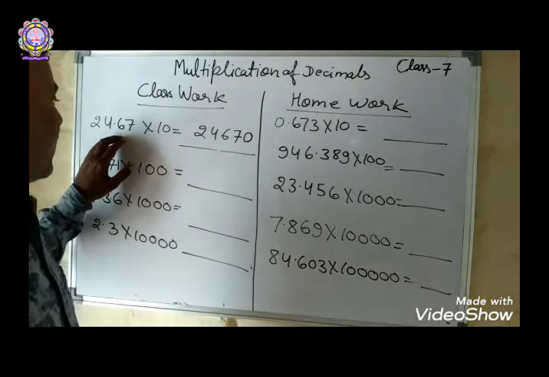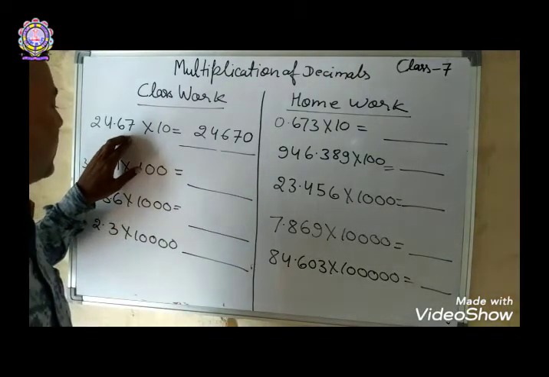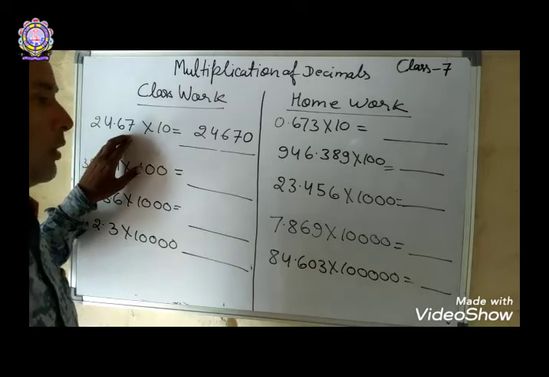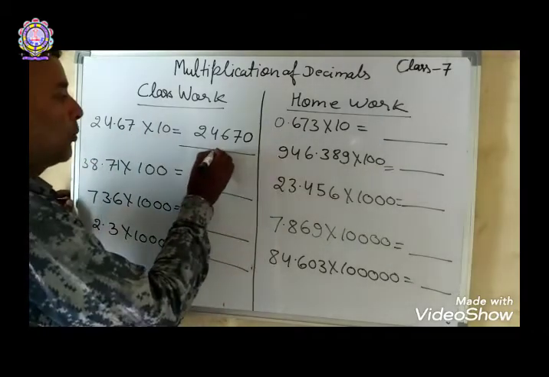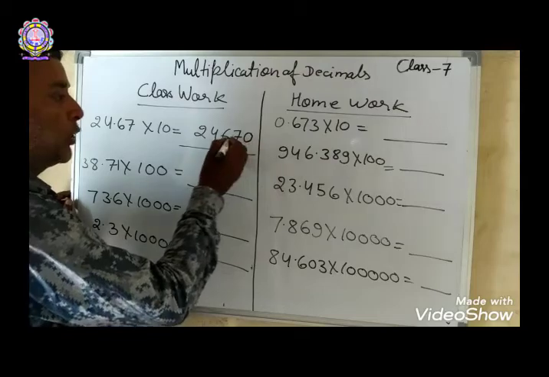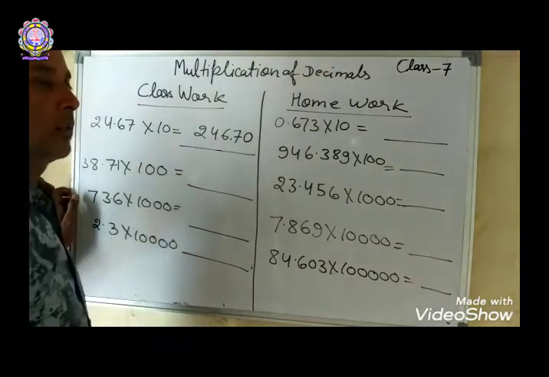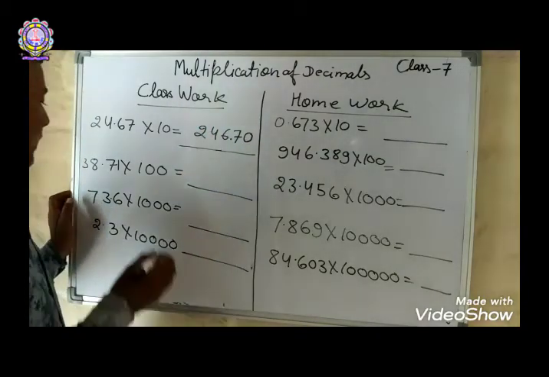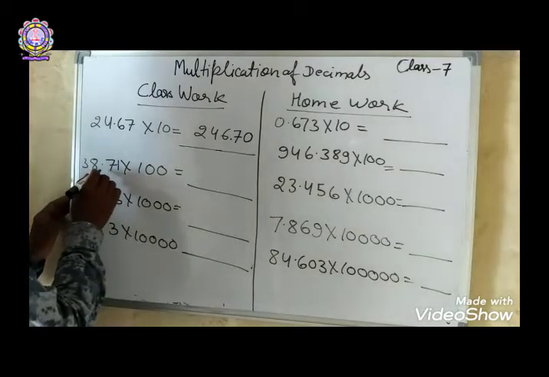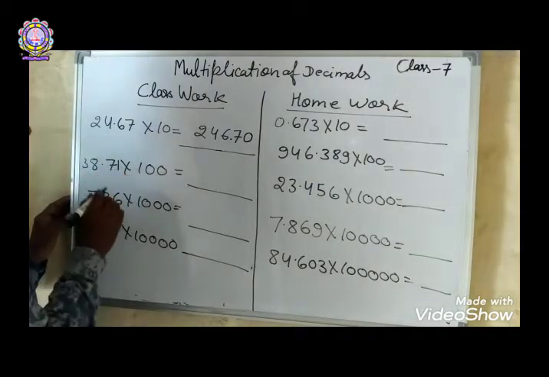And now check the decimal. Here from the right side, there are 2 digits, so we also put the decimal from the right side, 2 digits. Okay? Yes.